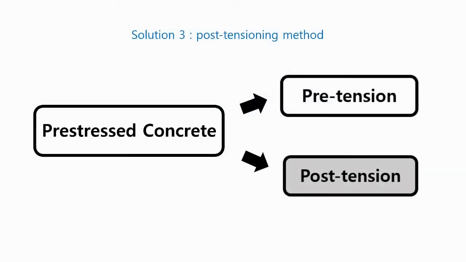The last method used to solve the problem is the post-tensioning method. In the case of pre-stressed concrete, pre-tensioning and post-tensioning methods can be used. Among these two methods, the Absolute World Towers use the post-tensioning method.